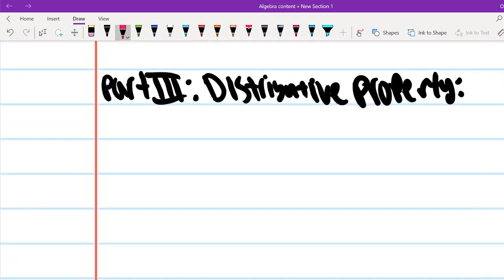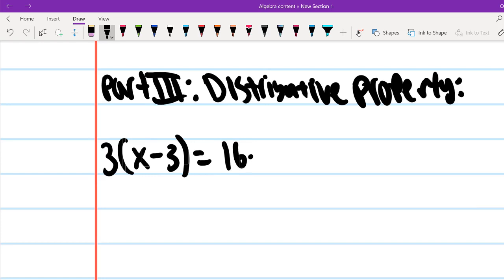For this next part, there's also distributive property. So you would have something like 3 times the quantity x minus 3 equals 16, for example. So for this part, whenever you have parentheses right here formed like this, you would want to do distributive property.